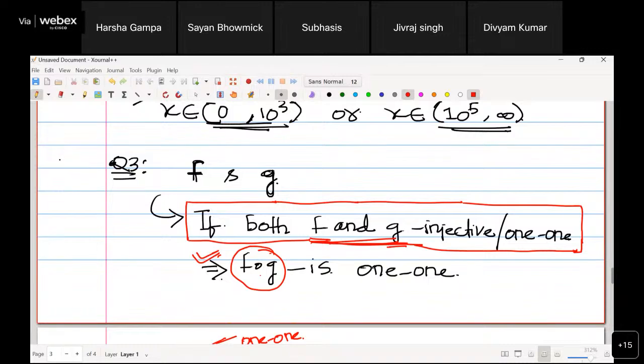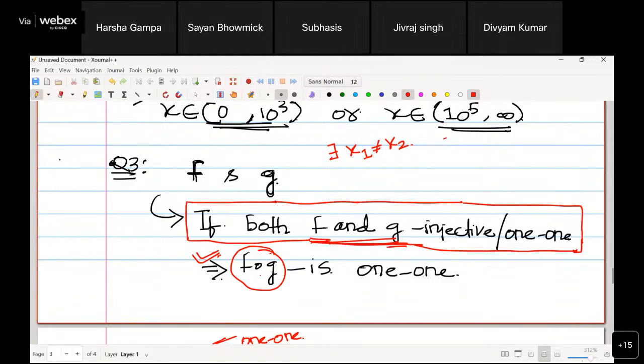If this is not 1-1, then there exists x1 which is not equal to x2, and for them the function value will be same.